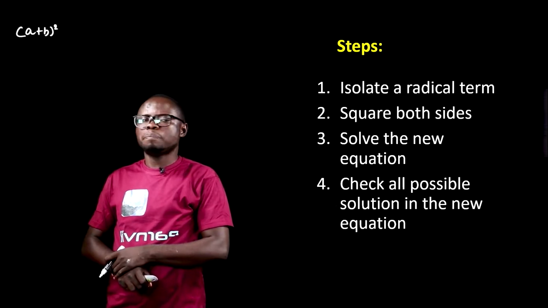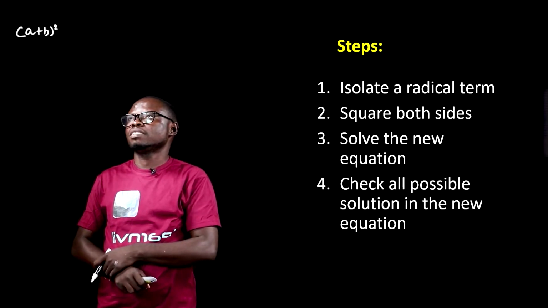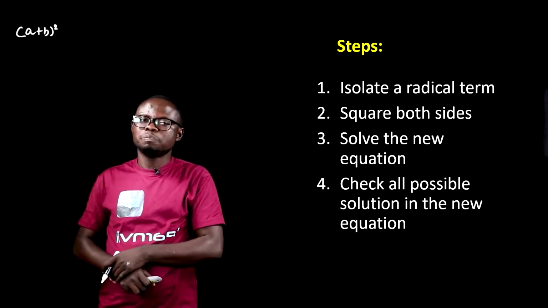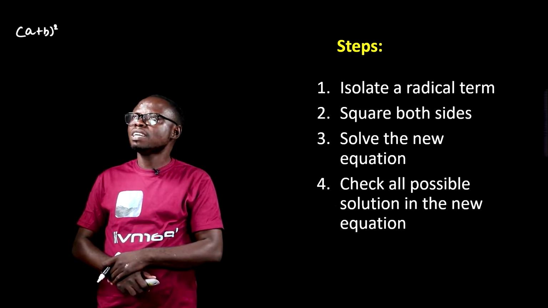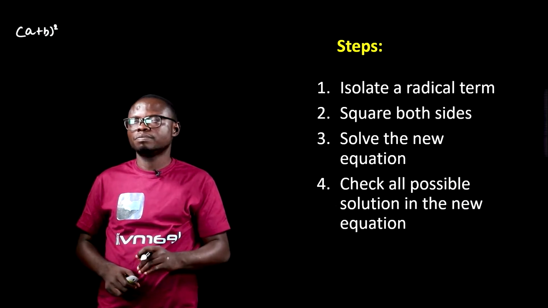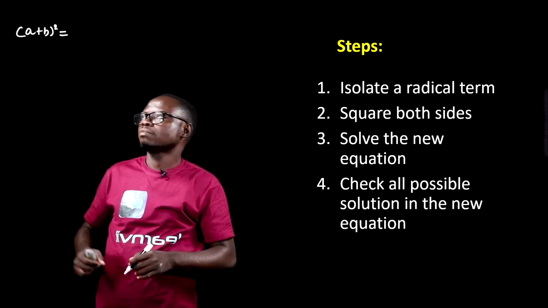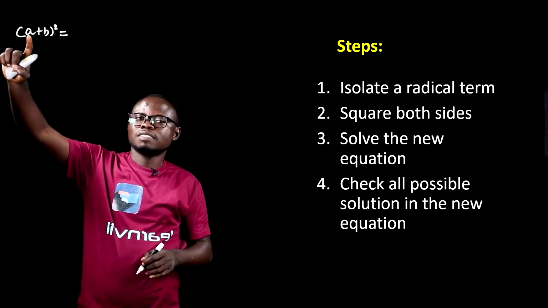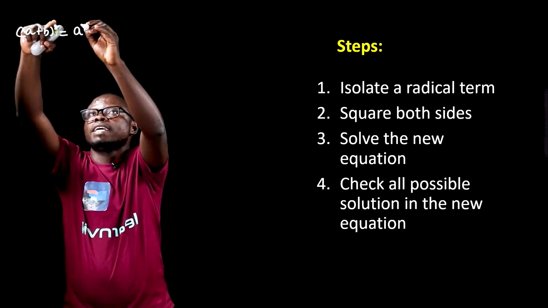Given a perfect squared expression like (a plus b) squared, how do we expand this with ease? That's very simple. This becomes: pick the first term, square it.